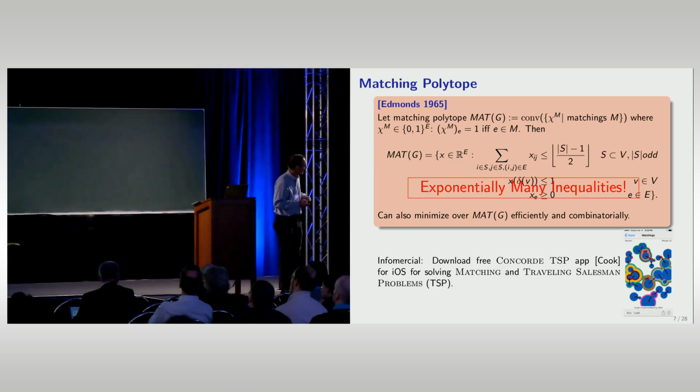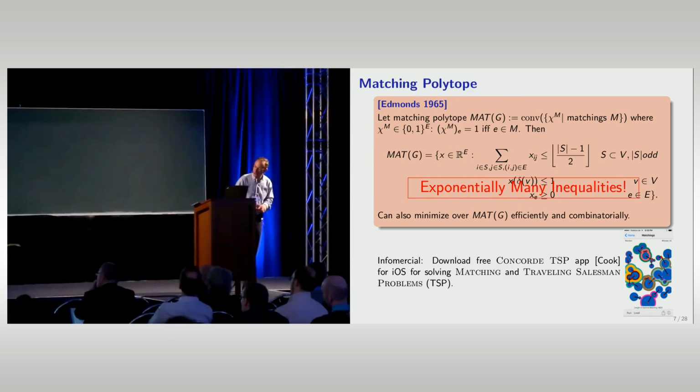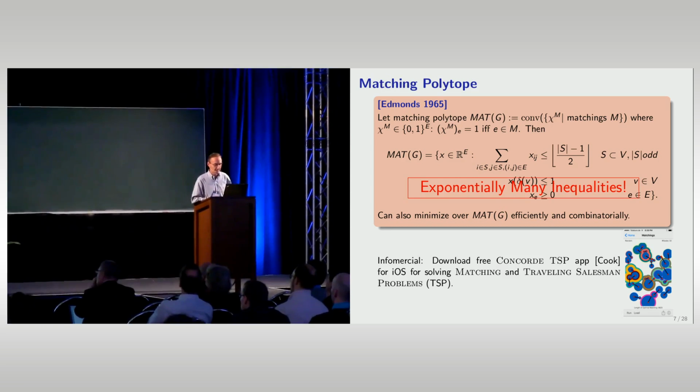If you're interested in how to use such a polytope, especially similar kinds of approaches for harder problems like the traveling salesman problem, I put a little information about a beautiful iPhone app that you can download that shows the power of these polyhedral approaches.